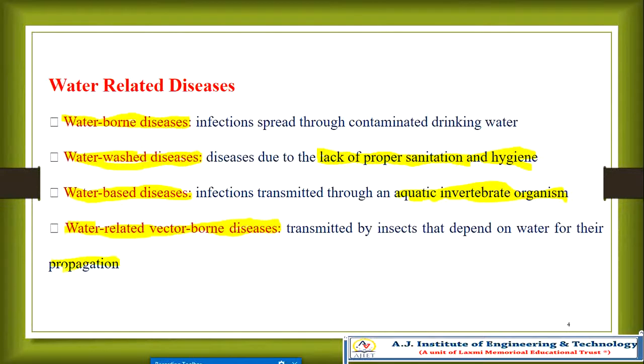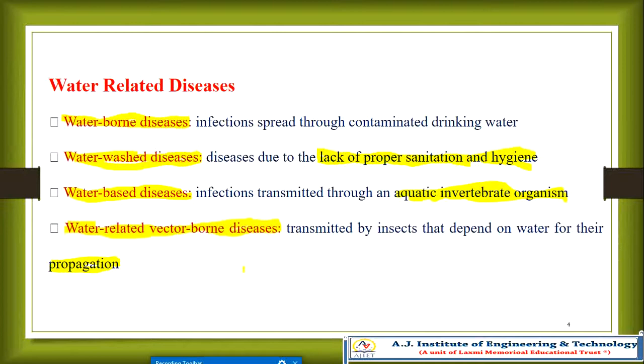Understood? A very good example is the mosquito.